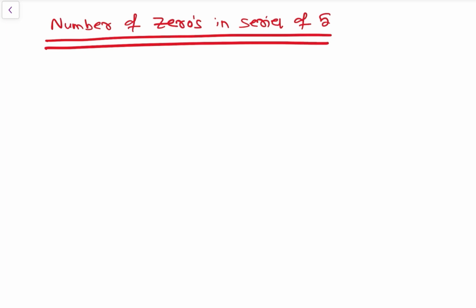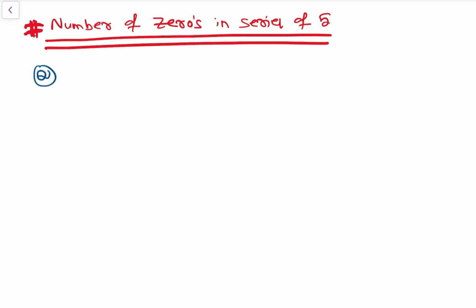So now the heading is number of zeros in a series of 5. Number of zeros in a series of 5. So put it as a heading, number of zeros in a series of 5. ठीक है. So क्वेश्चन लिखते हैं, क्वेश्चन से सीधा सॉल्व हो जाएगा.